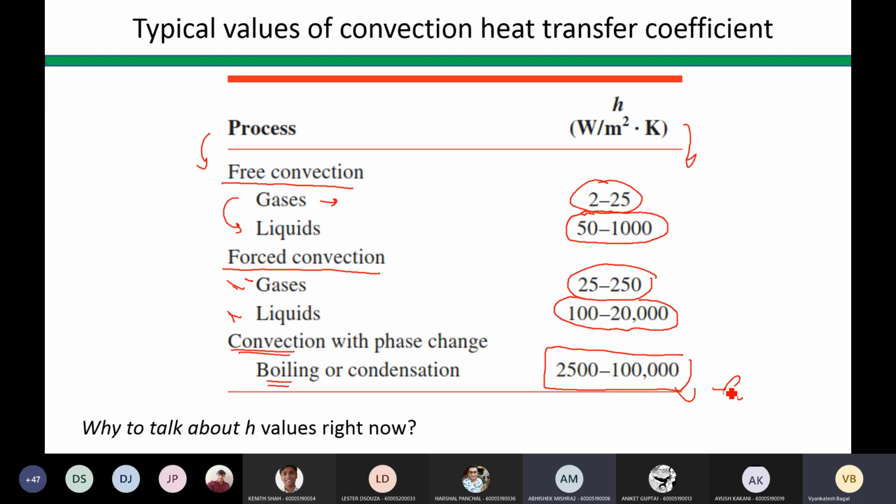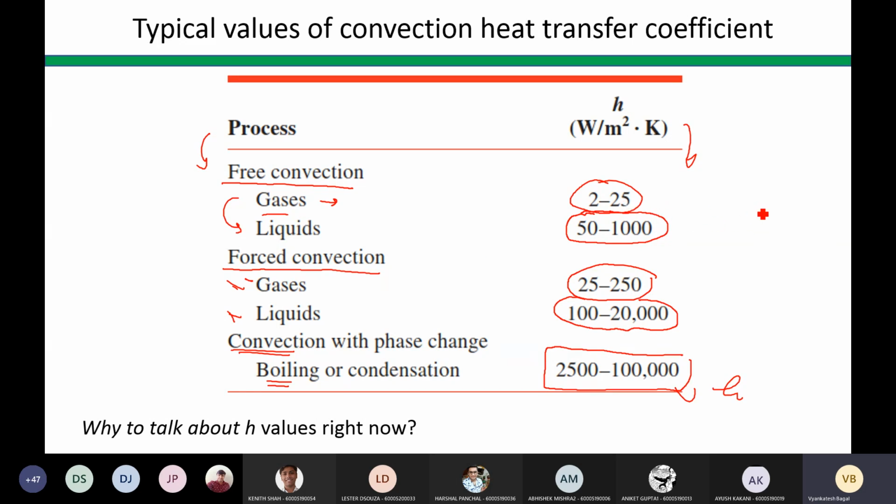Now Sir, do we have to verify the problems by using these values? Not necessary. The reason why I'm telling you it is not necessary is, sometimes we may use data from books which may not be standard. In that case, you will find that they have mentioned values of the heat transfer coefficient h greater than 25 for gases. Then you will come back and ask me, sir, it is not fitting in this data.